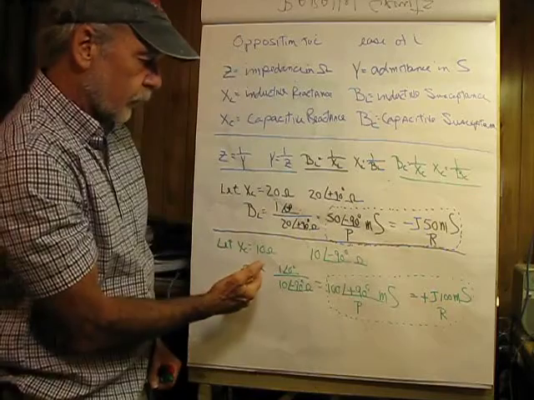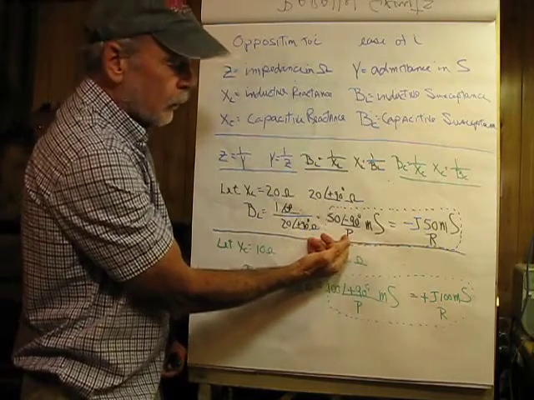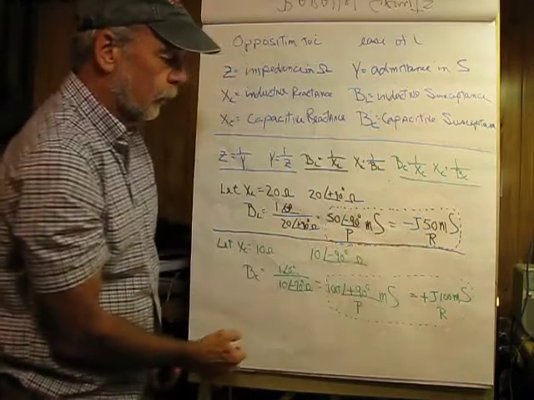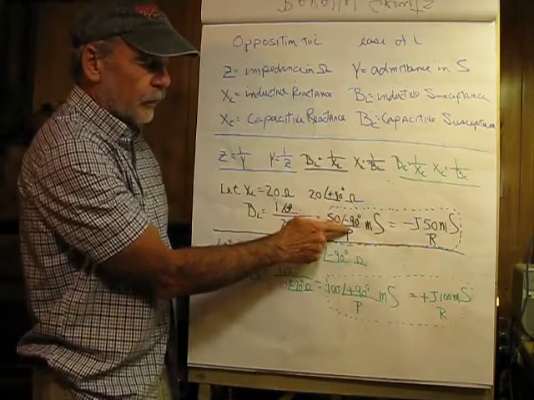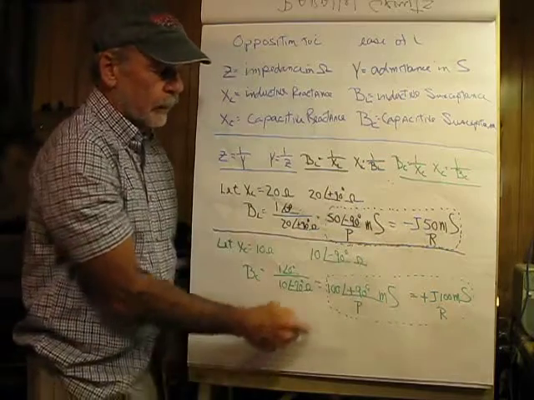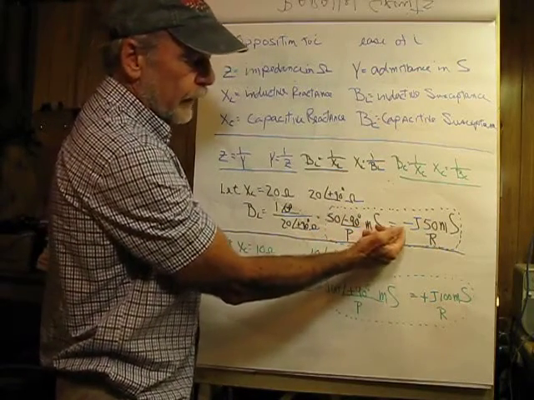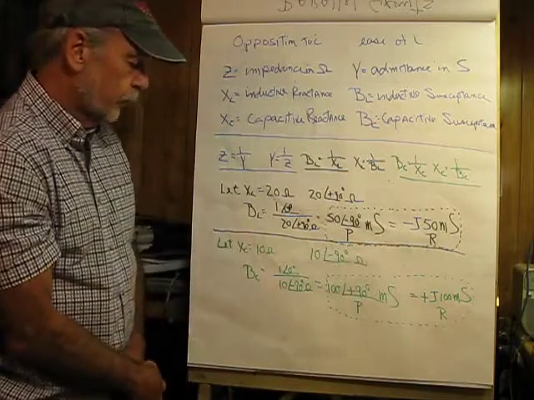And what that'll give us, in polar form, is 50 at negative 90 degrees millisiemens. And likewise, in rectangular form, this would be negative J 50 millisiemens.